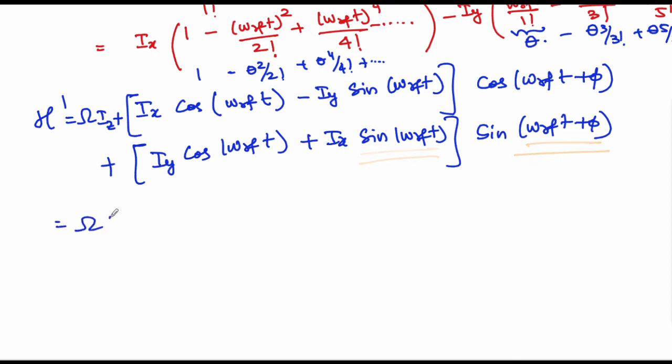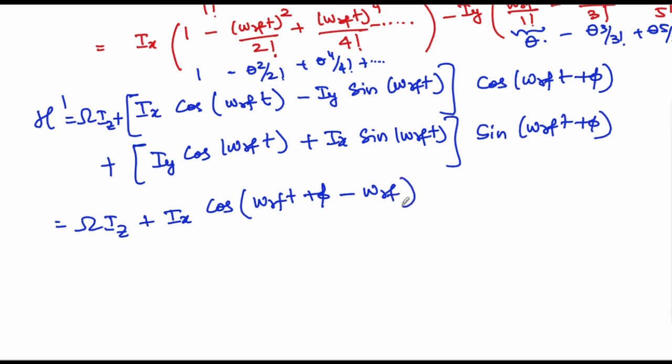If you carefully do the arithmetic, you are going to end up getting Ix cos of omega RF t plus phi minus omega RF, because you have cos alpha cos beta plus sin alpha sin beta. So that's going to be cos of alpha minus beta. And if you do the same thing for Iy, you're going to be looking at sin of omega RF t plus phi minus omega RF.